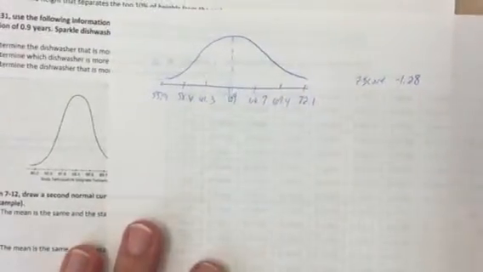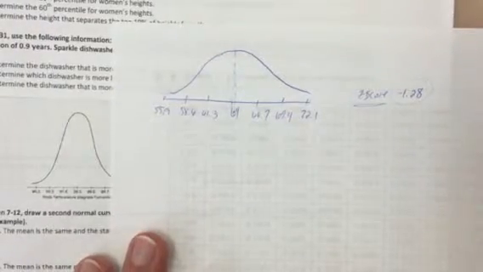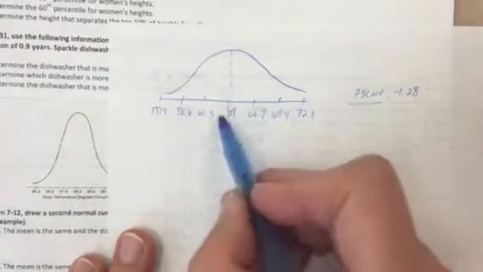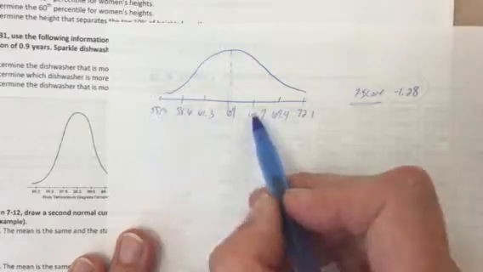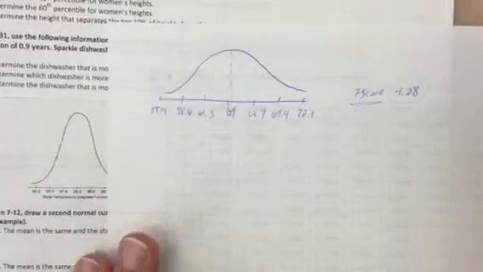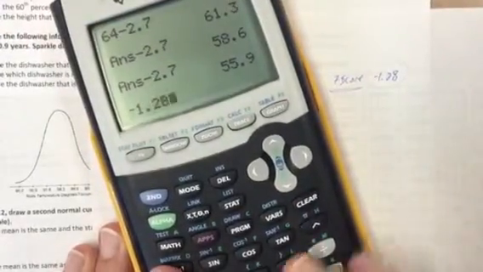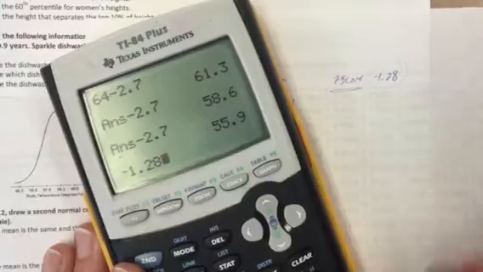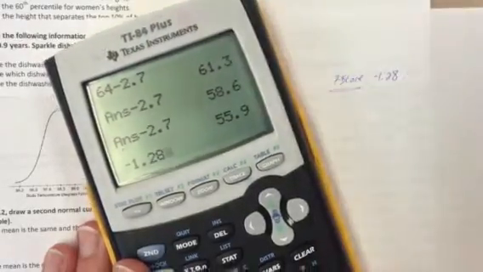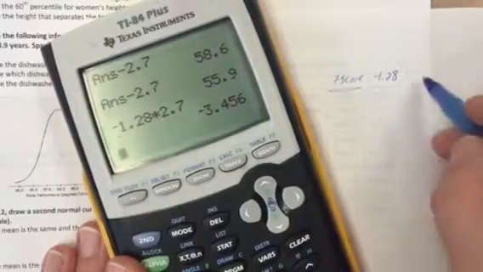All right. Now, remember, z-score is how many standard deviations away that is. So we really need to figure out, okay, that's how many standard deviations I went down. So what is that just in numbers, right? Negative 1.28 is how many standard deviations I went down, but the standard deviation's 2.7, so if I multiply that, that's just how many numbers I went down.